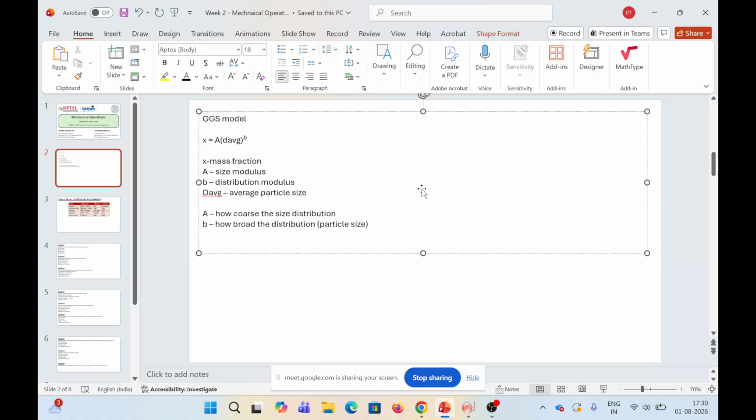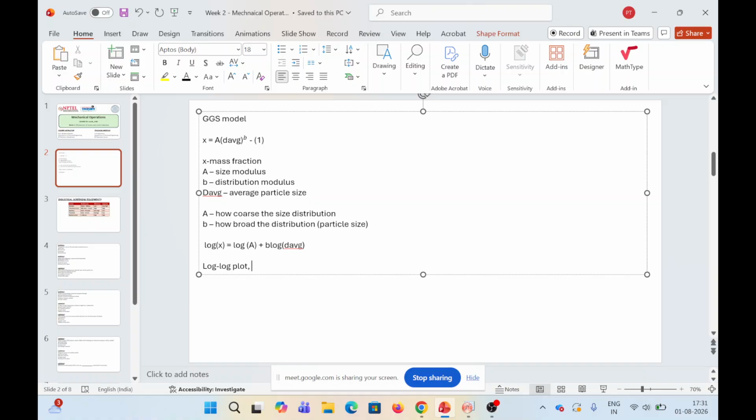If you convert this equation 1, let me represent this as equation 1, into log form, then what you obtain is, or you can rewrite equation 1 as log x equals log A plus B log D average. Now the entire equation is in terms of logarithm, so you can plot a log plot.